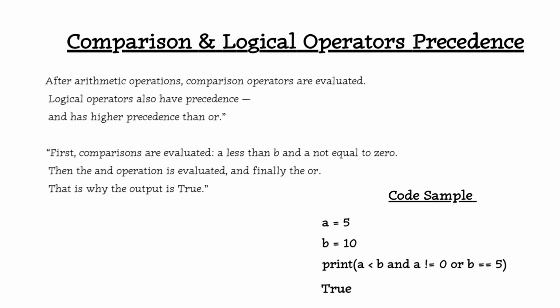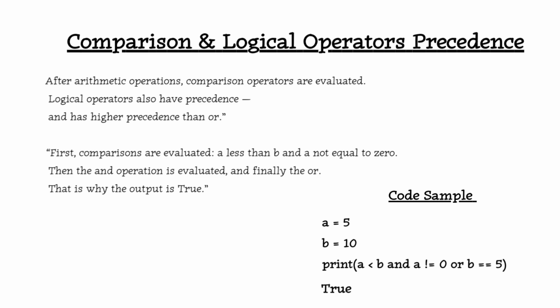I have written a equal to 5 and b equal to 10, and to print the expression evaluation, I use the print function. Here I have used print a is less than b and a not equal to 0 or b equal to 5. Let me explain how this expression works. First, the comparison operators are evaluated: a less than b, and then not equal to 0.